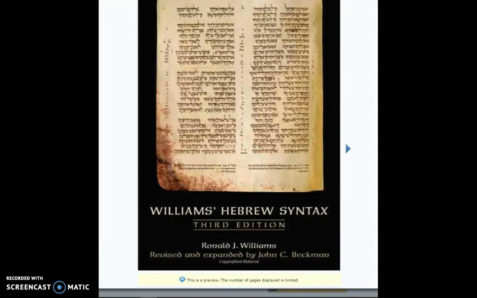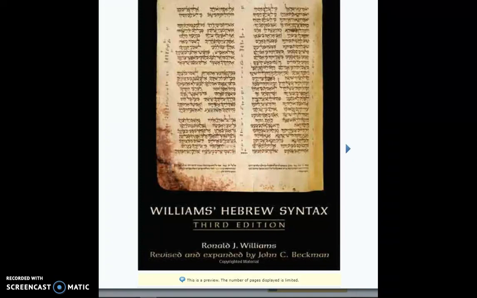Now, I don't happen to have a good scan of it, but I can at least describe it to you. You can go to the index, and you can find where it treats the particle ki. And so you would go to number 444 on page 156, and then it'll start giving you usages of it.